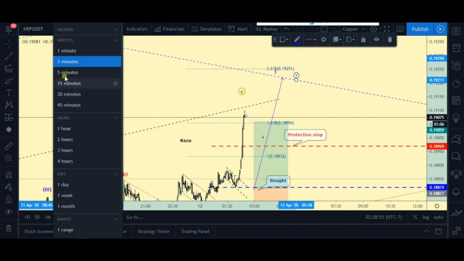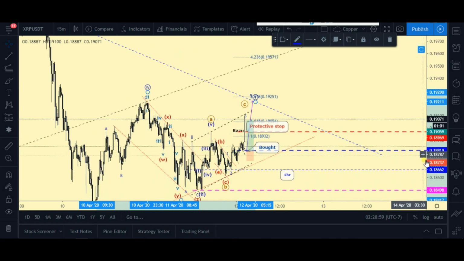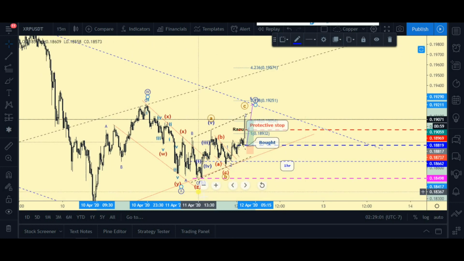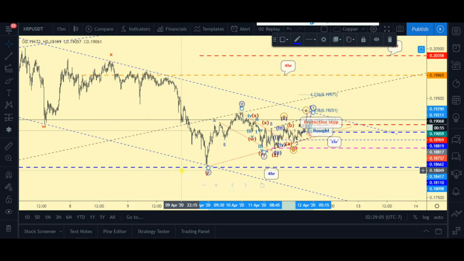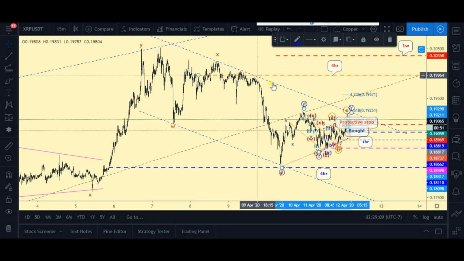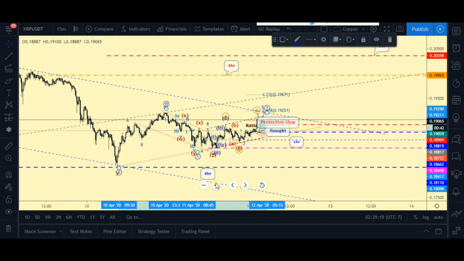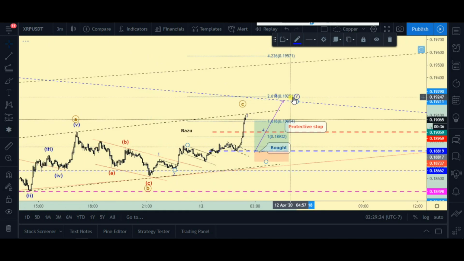So if I look into the 15 minutes chart, what I can see here is this larger trend line. So this is the channeling which I've been looking into, the channel line. This is the corrective pattern moving inside a channel, and within that I have been trading inside this channel right now in the 3 minutes time frame.